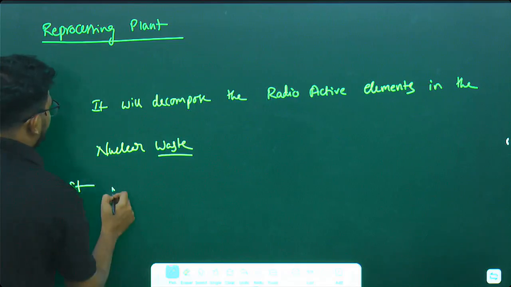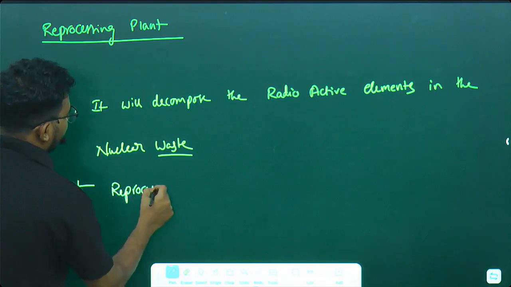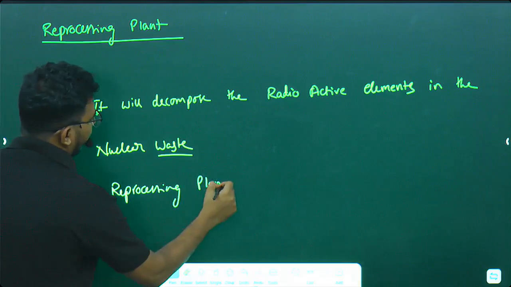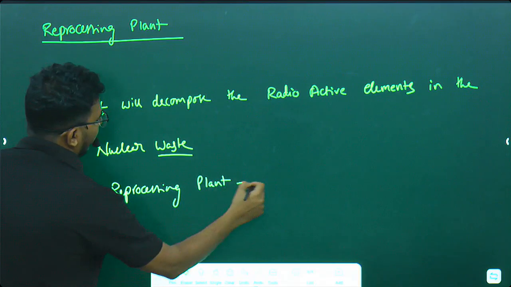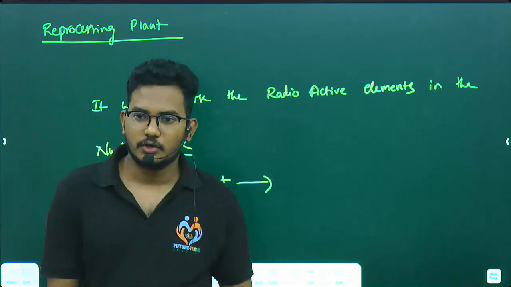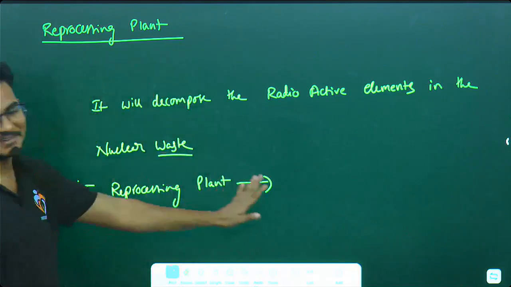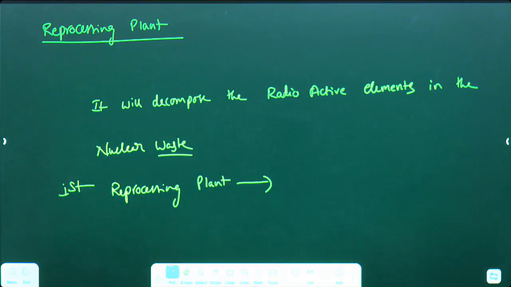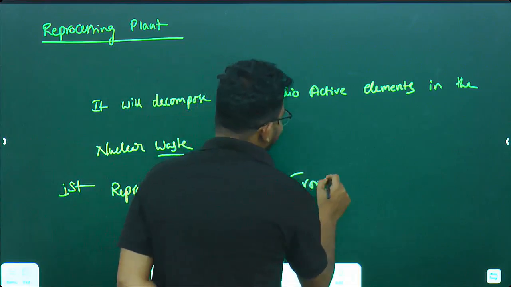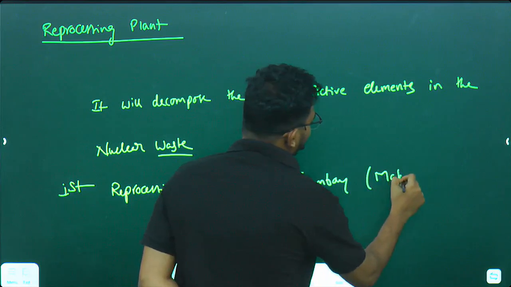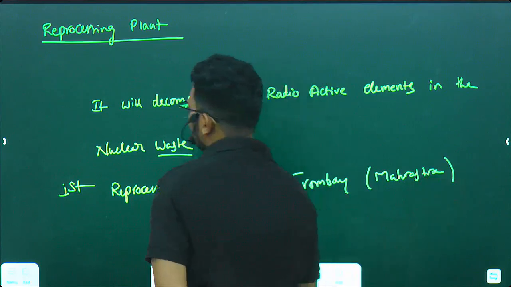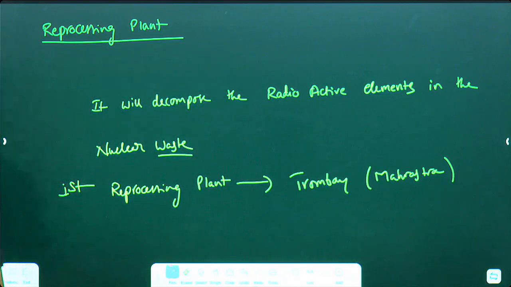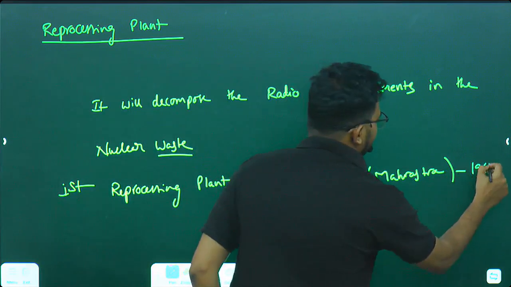The first reprocessing plant in India is at Trombay, Maharashtra, where Apsara is also located. The second one is Tarapur, in the year 1964.